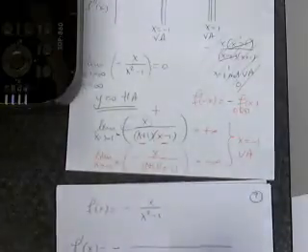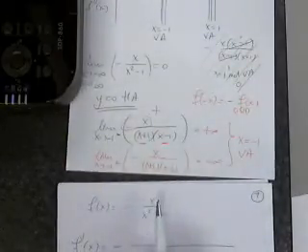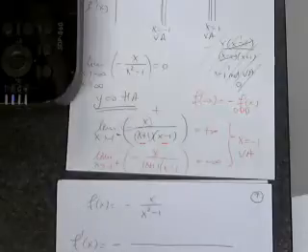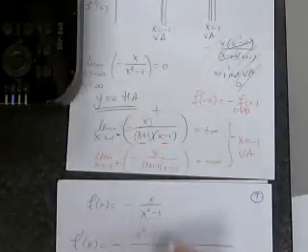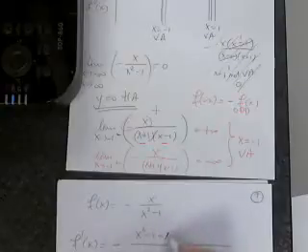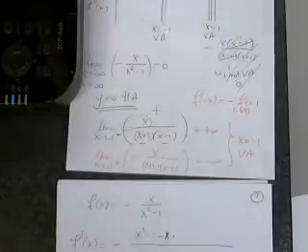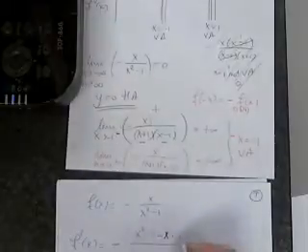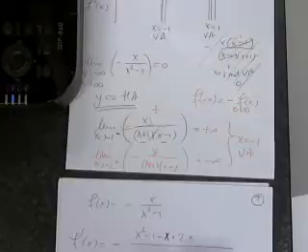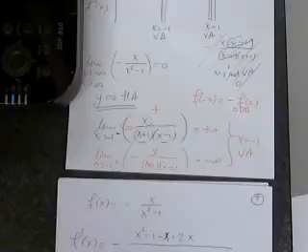The top function prime is 1. 1 times x squared minus 1 minus the first function multiplied by 2x, very good, over x squared minus 1 all squared. Perfect. So negative outside, I have x squared minus 1 minus 2x squared over x squared minus 1 squared.